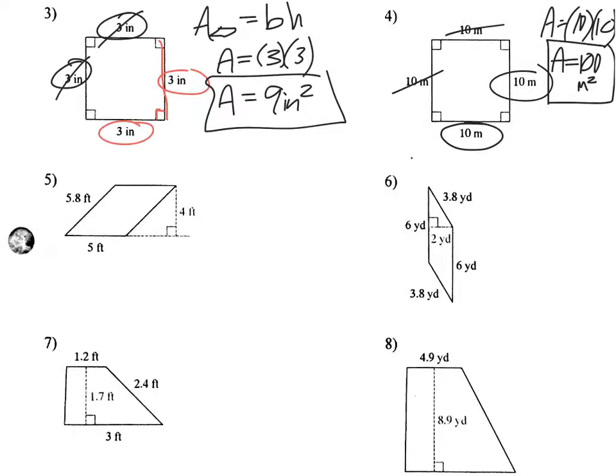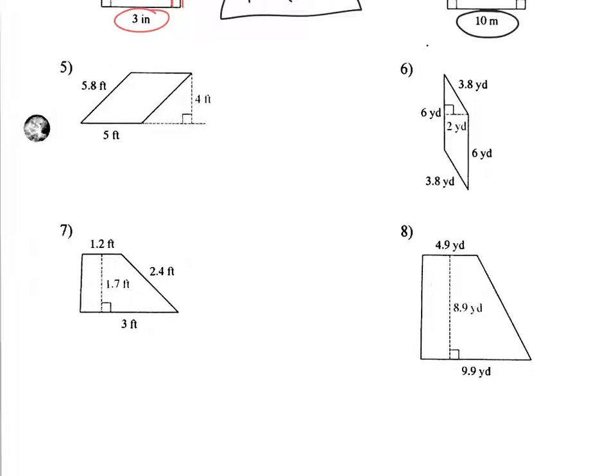Okay, what about number 5 here? All right, so height, there's our height because there's the right angle. So there's the height. What is the base? The base is the side that extended is perpendicular to the height. So this is actually the base. So even though the height doesn't actually touch the base necessarily, if we extended that base out, it would touch it.